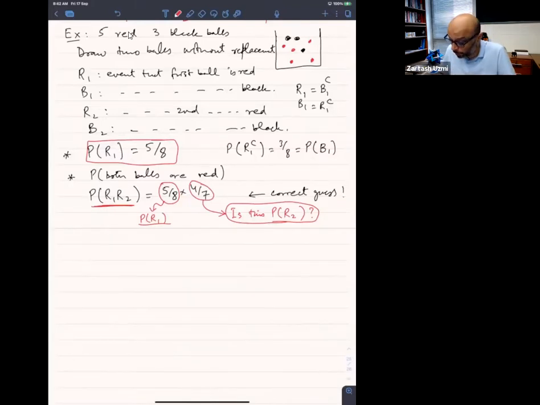No, because the probability that you get a second red ball really depends upon what happened on the first ball. It could also be black. The first ball could be black. So this is not the probability of R2. If this is not the probability of R2, what is this probability?